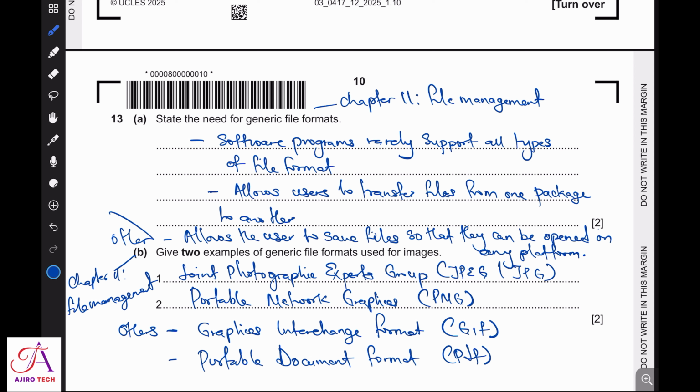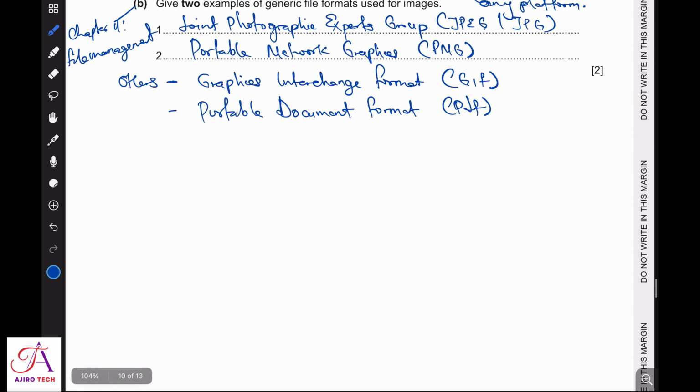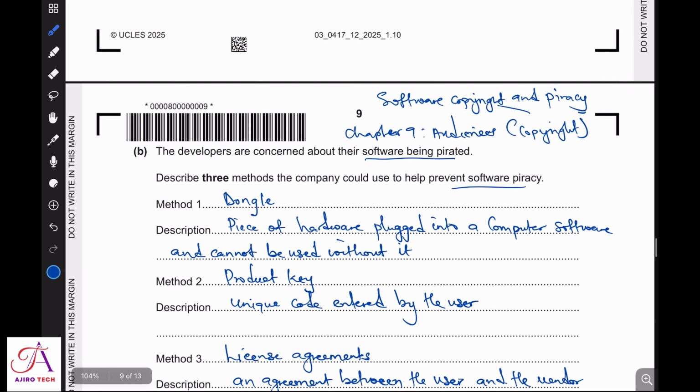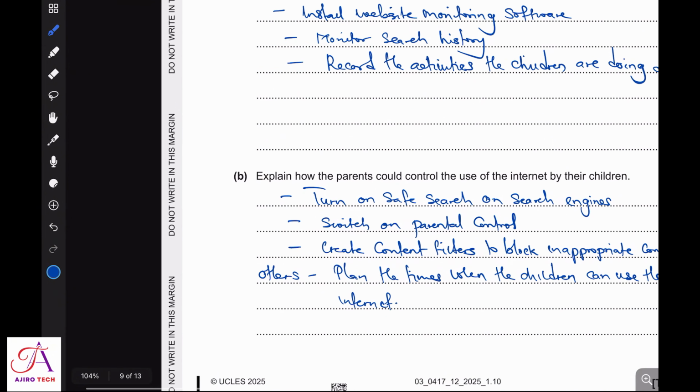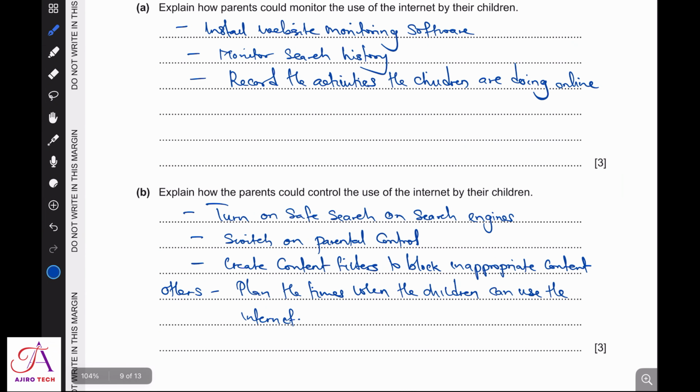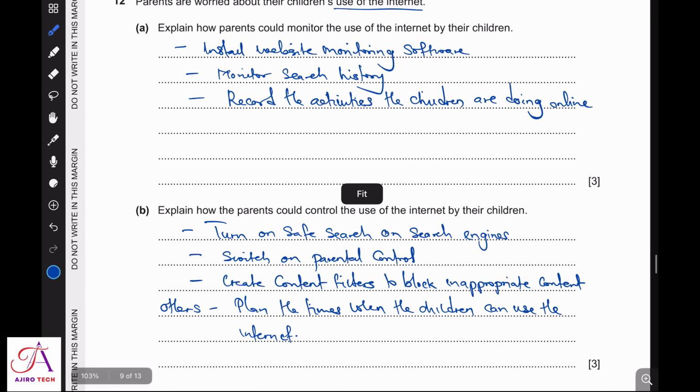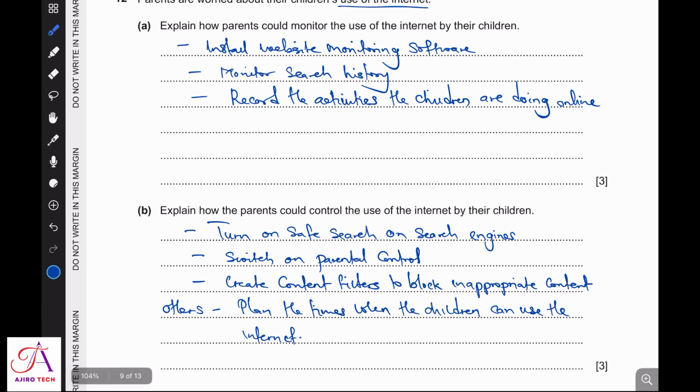That's really the assessment objective, where you're able to understand the knowledge of ICT and then apply it in terms of theory and practical. For this paper, there was no practical question. The only practical aspect was chapter 11, which was the last part of it. It's not really a practical concept, just something you should know if you're practicing paper three. That's why it's important to always know these things.